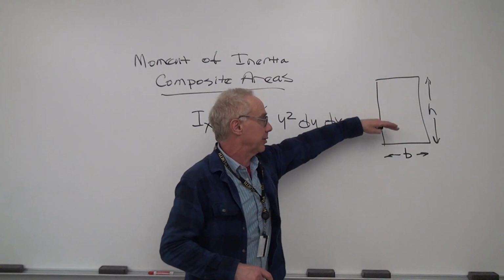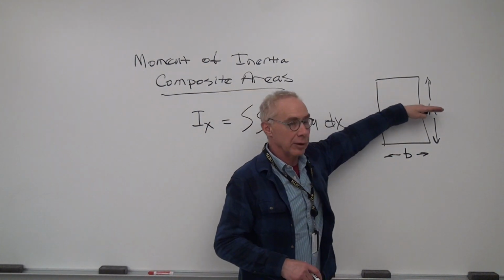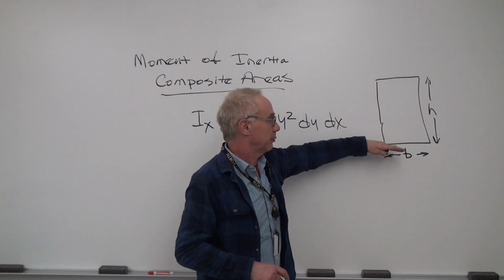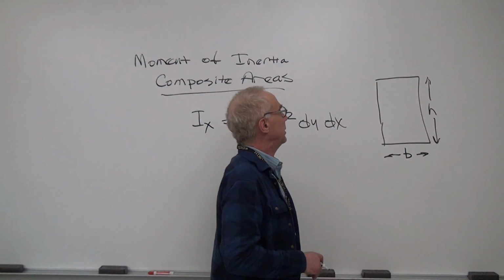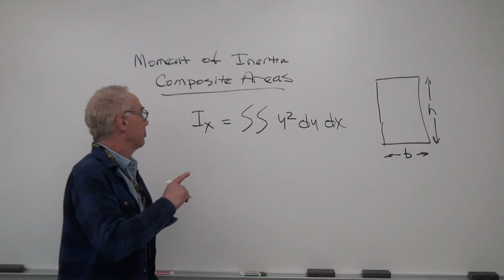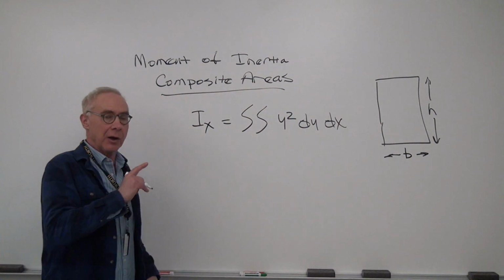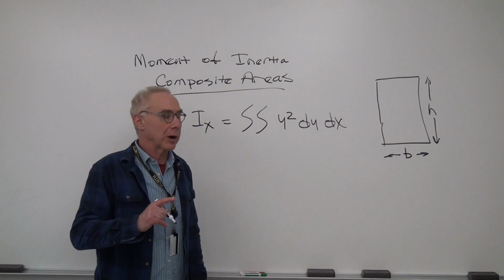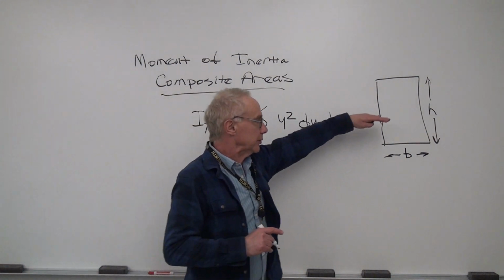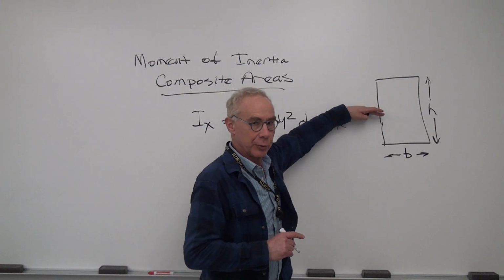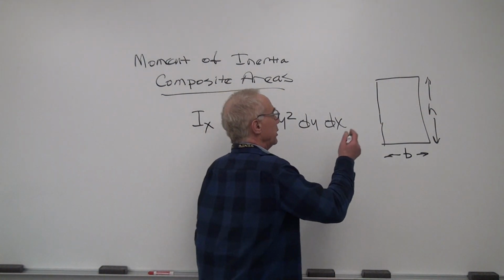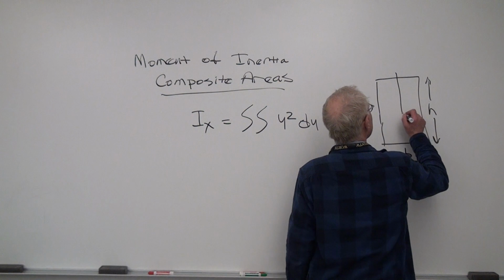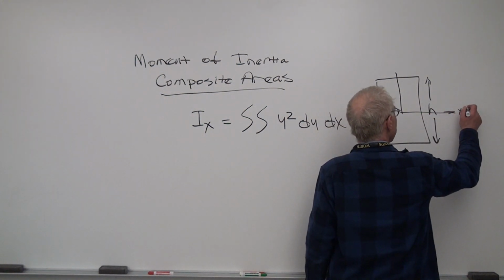It depends whether you define the axis through the midpoint, through the centroid, through the base. You can define it basically wherever you want. And the minimum moment of inertia value is always calculated for the axis going through the centroid of the rectangle.